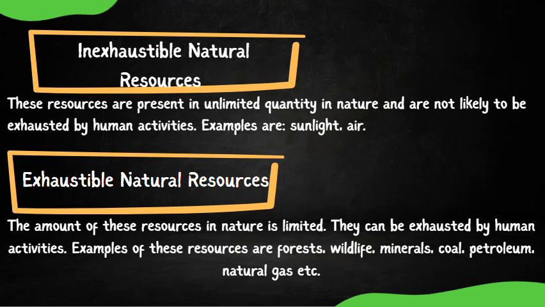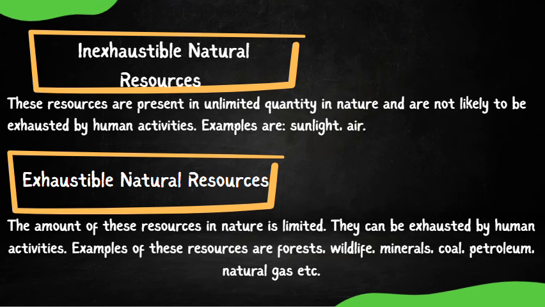Firstly, let us look at two of the most important definitions, that is, the difference between inexhaustible natural resources and exhaustible natural resources. Inexhaustible natural resources are unlimited in nature and are not likely to be exhausted by human activities.